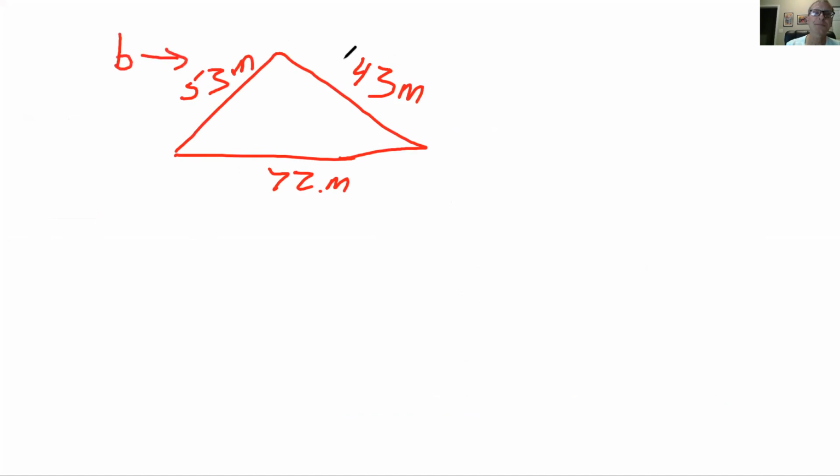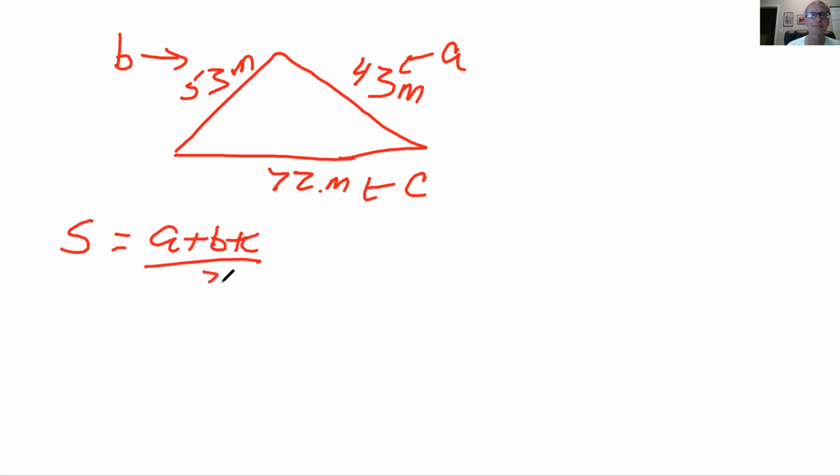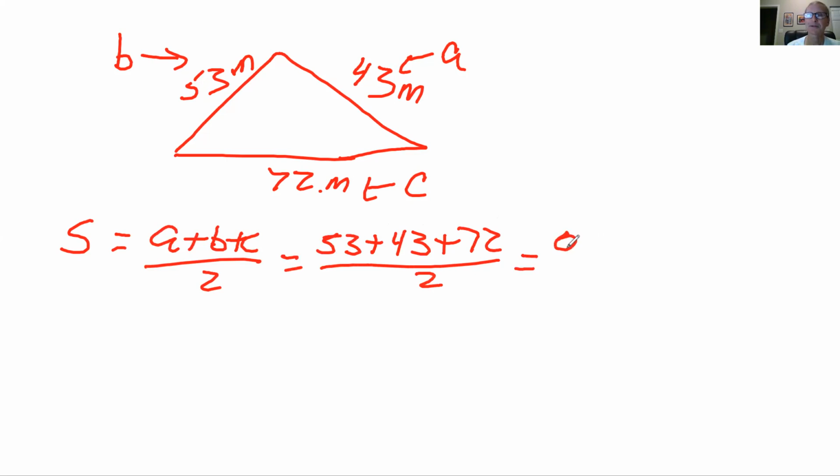So let's assign this B, let's assign this A, and let's assign this C. So when you do that calculation, the first thing you want to calculate is S. And so S would be A plus B plus C divided by 2. And so that would be 53 plus 43 plus 72, all divided by 2. And if you get out your calculator, you would get 84.